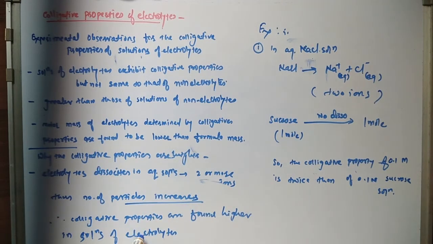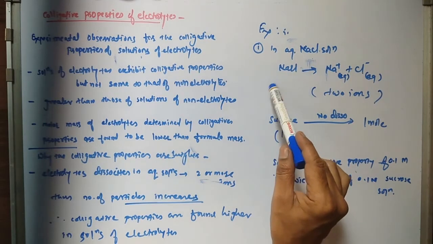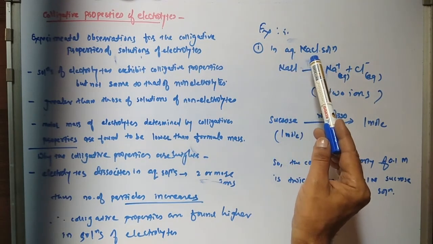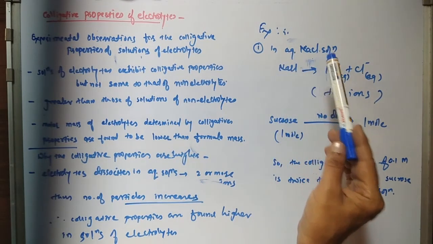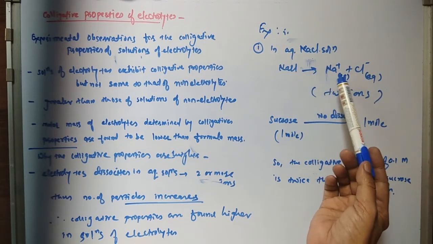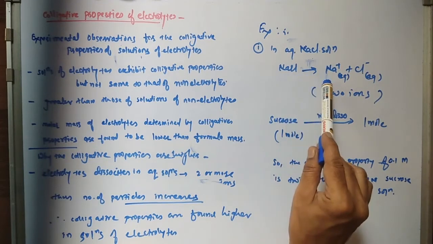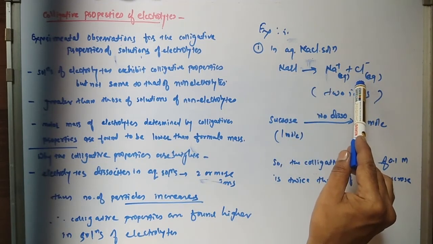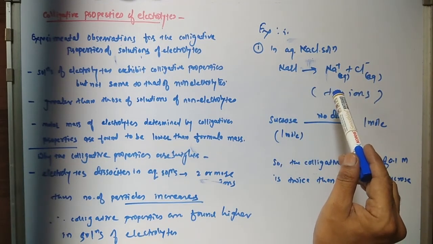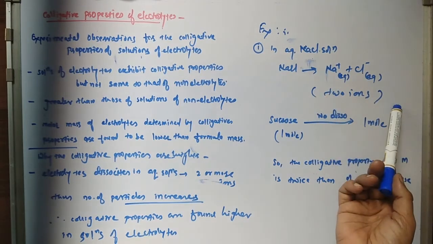That's why the colligative properties are higher. For example, in the aqueous solution of sodium chloride, NaCl dissociates to give two ions, Na plus and Cl minus. One particle gives two particles, so the number of particles increases.